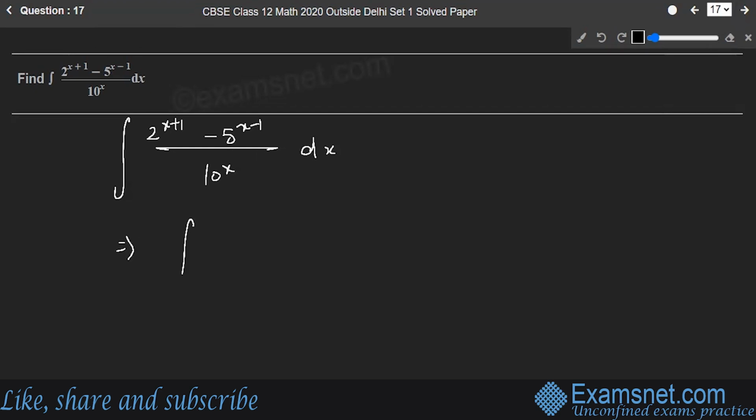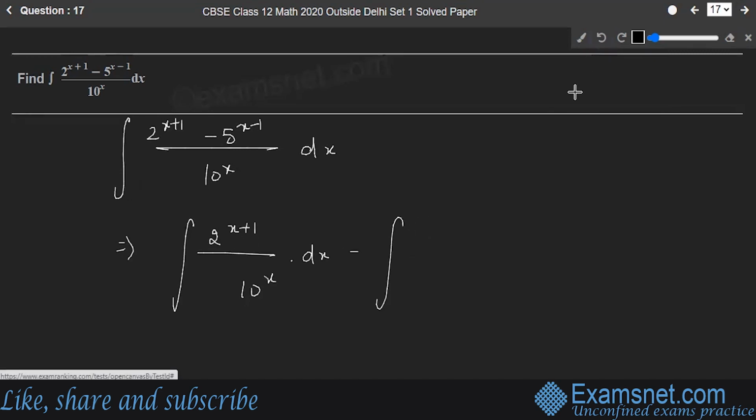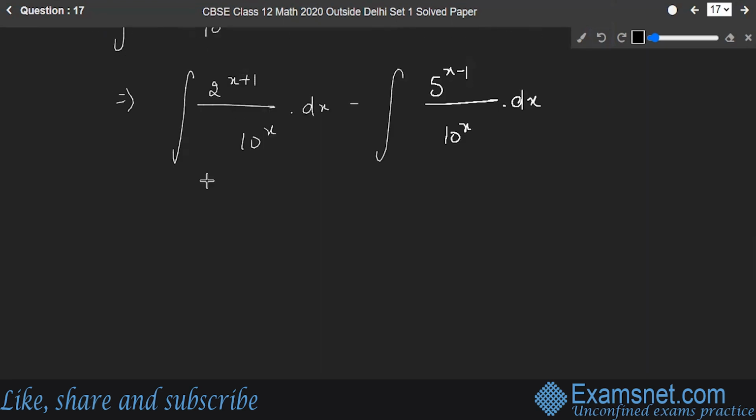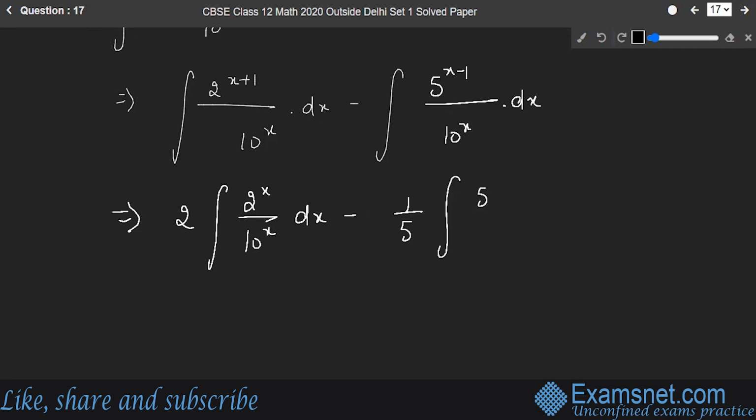This can be written as 2 into 2^x divided by 10^x dx, and this can be written as 5^x upon 5 into 10^x dx, taking 1 by 5 out.